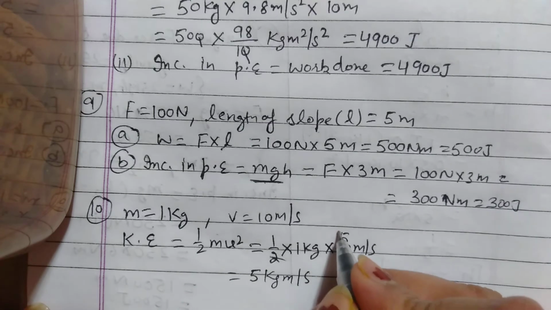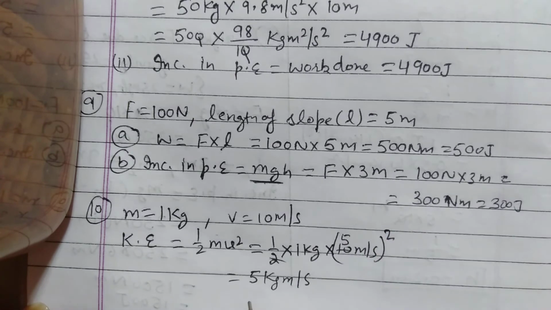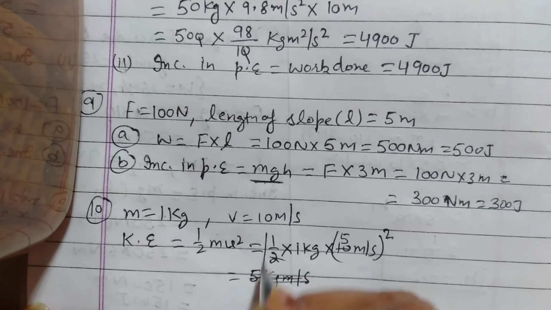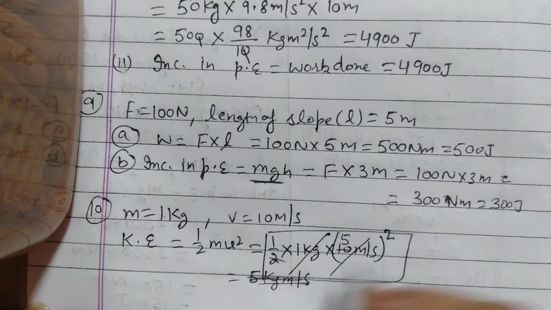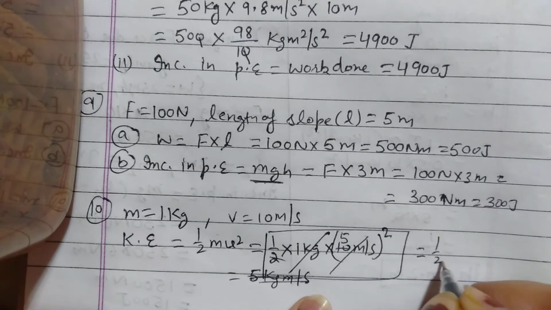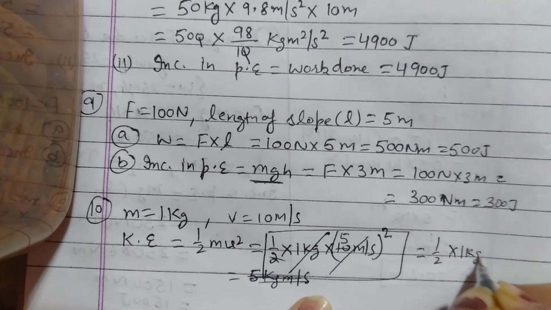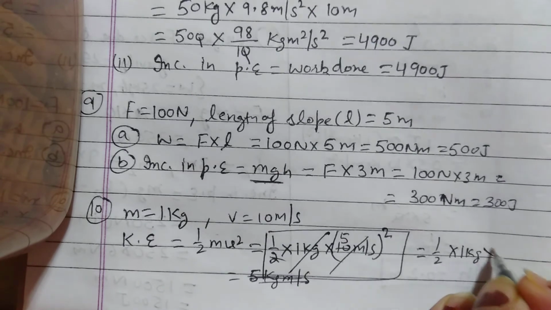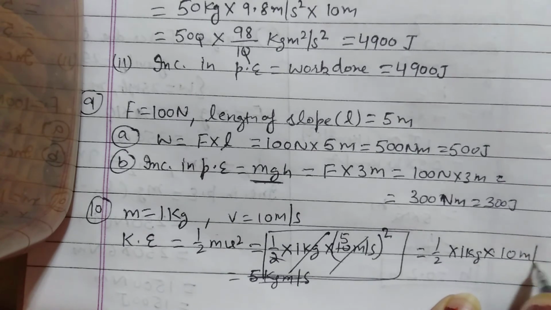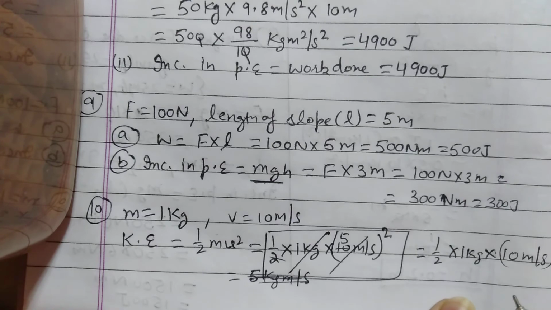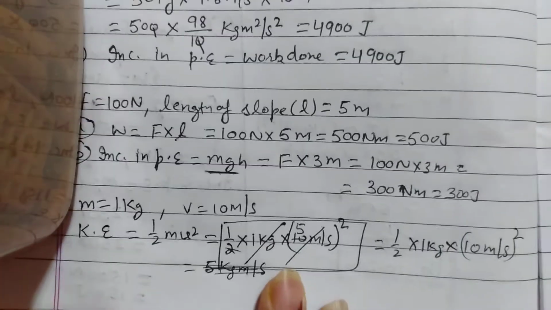Sorry, here it was the square of the velocity. Half mv square means half into 1 kilogram into the square of the velocity, meaning 10 meter per second whole square.